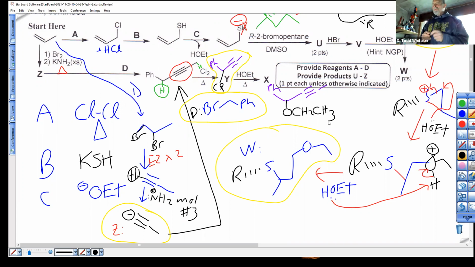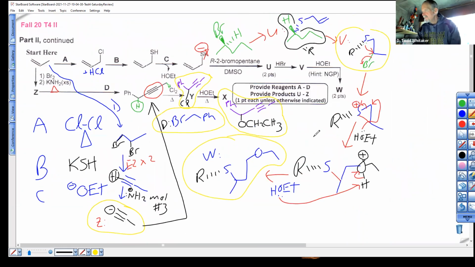But no, that's only if there's a strong base present. And there's no strong base. So the heat here is just to speed up what might otherwise be a very slow SN1. Remember, heat speeds up every reaction. When does heat cause elimination? When there's a strong base present, and we don't have a strong base present. There you have a roadmap from the past.